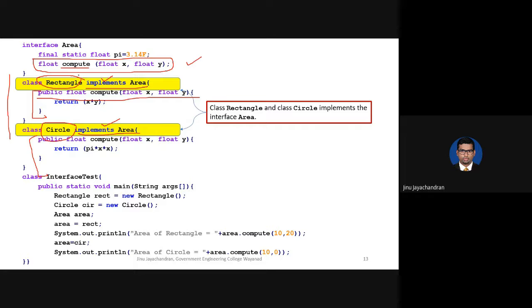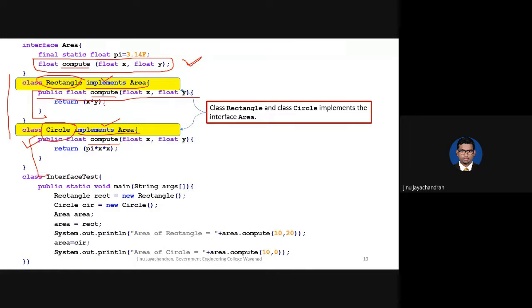So in this case, the interface area has declared a function called compute. So the class rectangle implementing area should define that exact function inside that class. Since circle is also implementing area, that class should also define the same function inside that class.